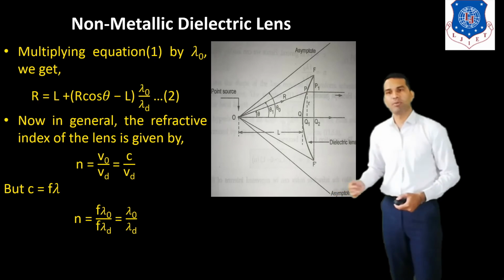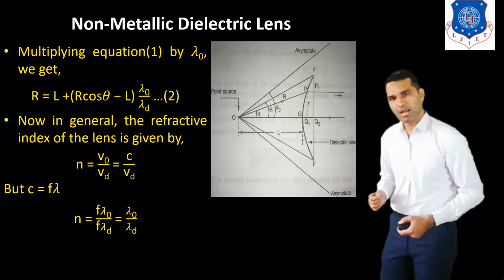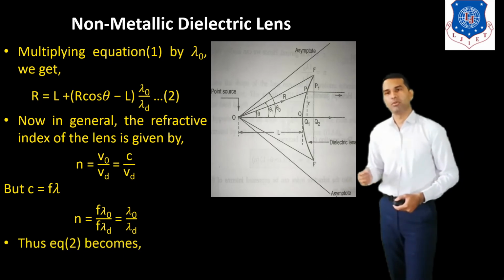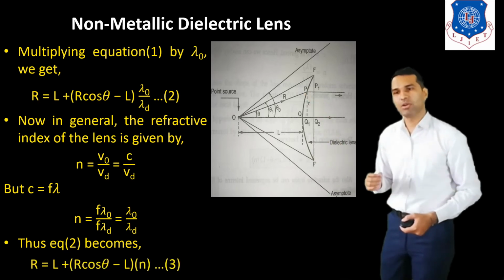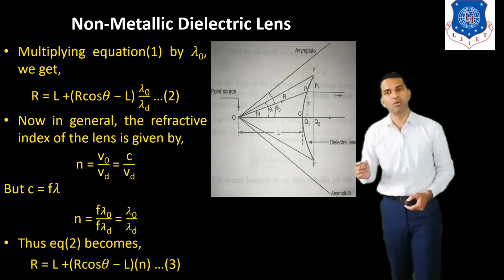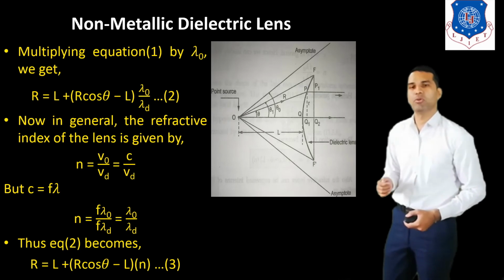So we can write the refractive index N is equal to lambda 0 upon lambda d. Thus, using this refractive index property in equation number 2, we can write R is equal to L plus (R cos theta minus L) into N. So instead of lambda 0 upon lambda d, we have put N.